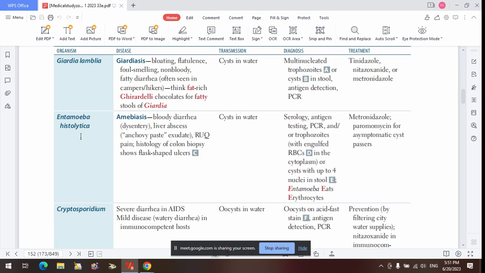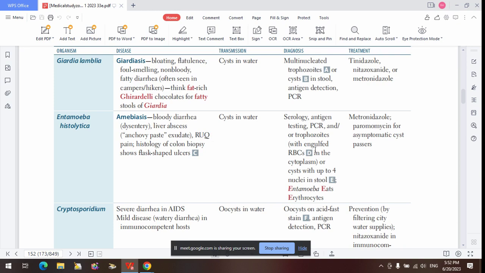Now the pathophysiology of Entamoeba is very long, but we don't need it. What it does is invade the epithelial cells as well as the blood vessels within the large intestine. It is the trophozoite that is the infective form, the one causing the damage.